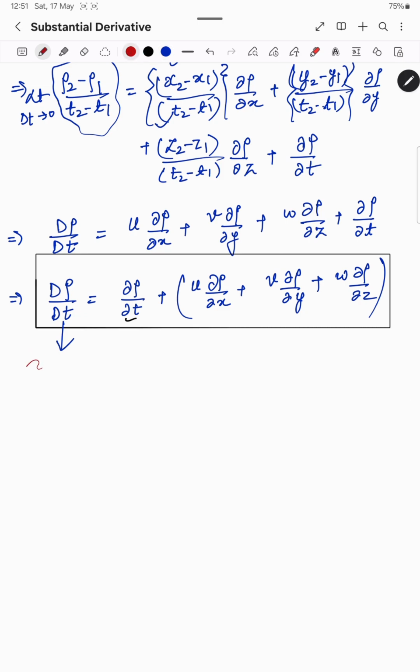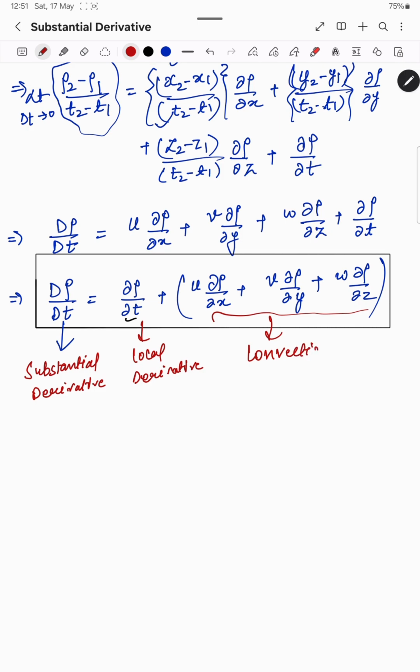Okay, let me change the pen. Substantial derivative of density, and this is the local derivative, and the term in the bracket is called convective. This whole term is called the convective term or the convective derivative.